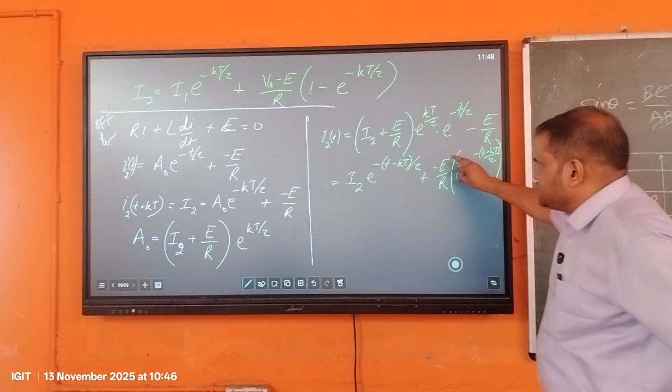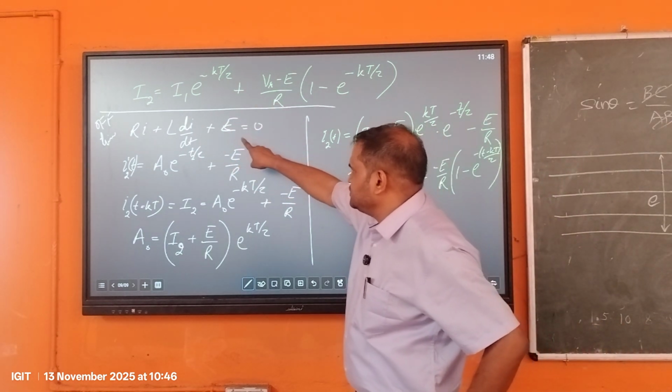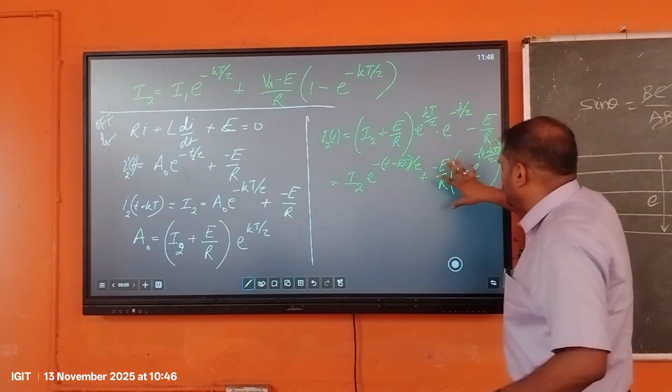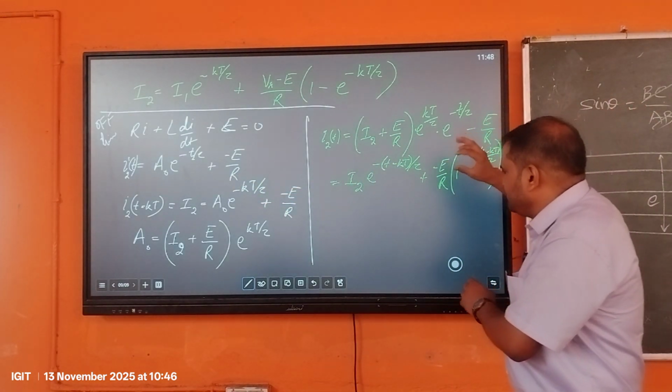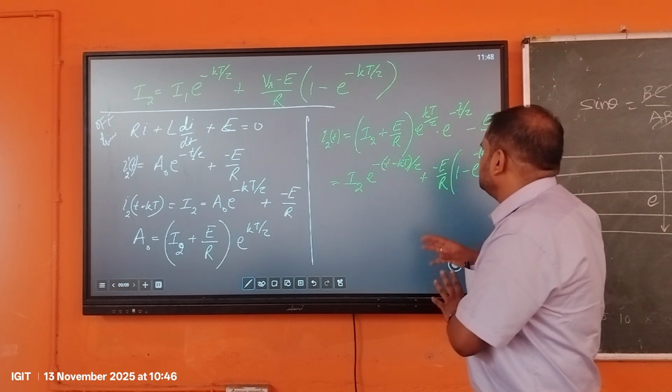So this is the steady state value we observed in the equation. The steady state value is minus E by R. So the steady state term has 1 minus e to the power that much, and the initial value decays with time.